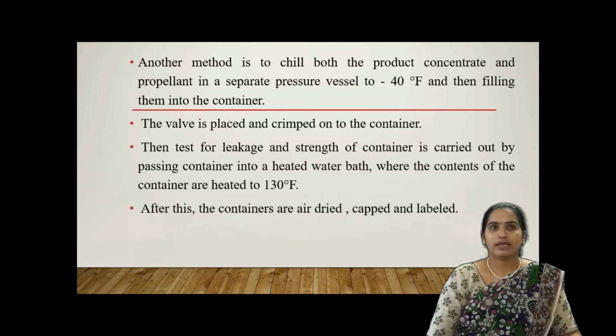Then these filled containers are tested for leakage and strength by passing the container through a heated water bath, where the contents of the container are heated to 130°F. After this, the containers are air-tight, capped and labeled.